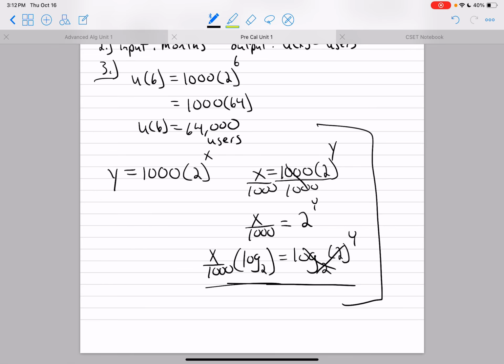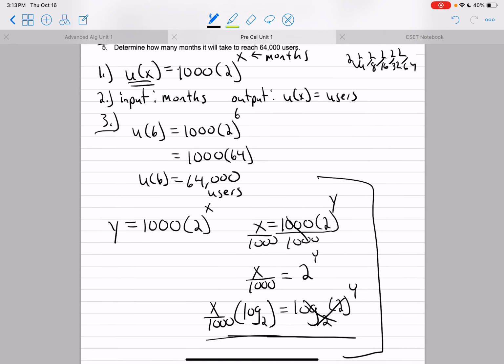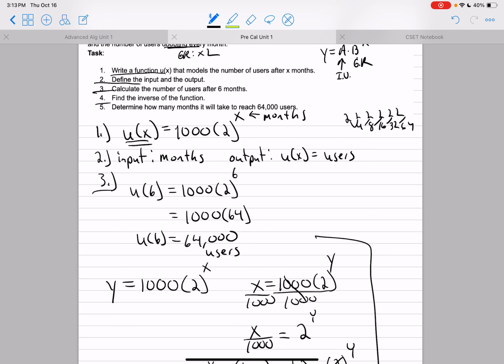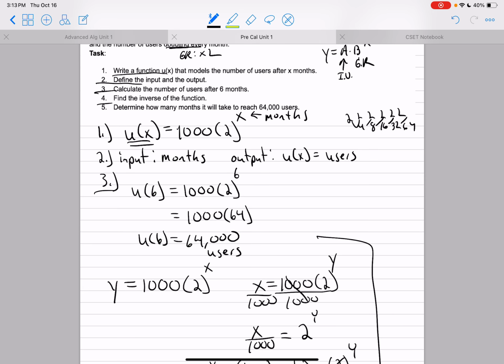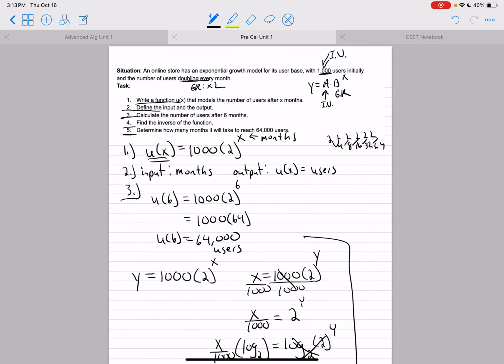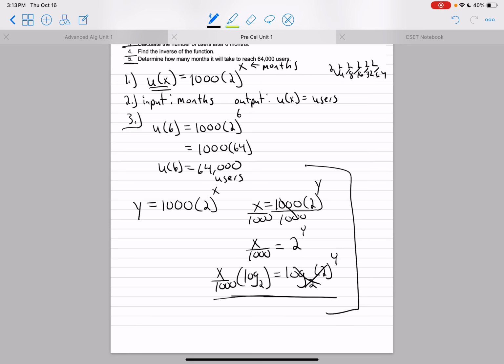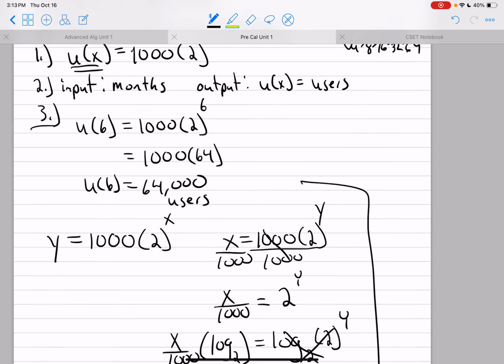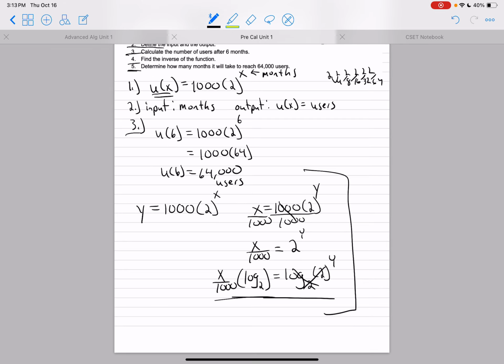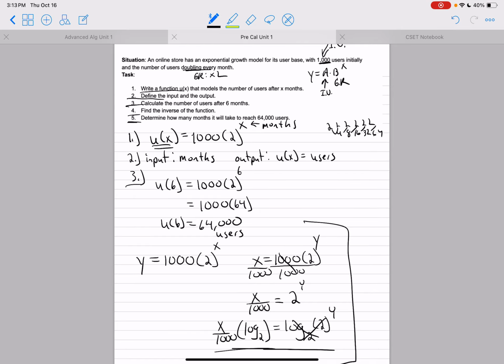But point being, then you would just find the inverse like we've been doing on the rest of the other problems, okay? So I'm going to leave this one right here since we haven't spent a lot of time talking about the logs yet. That's actually coming up soon. But you should be able to find the inverses otherwise, and you should know how to do all those steps.